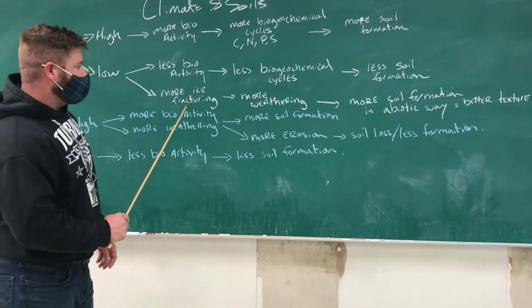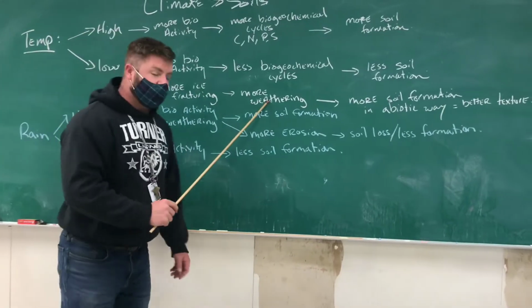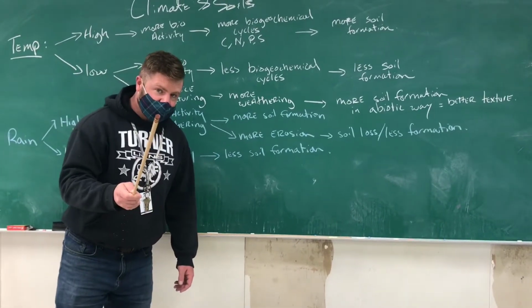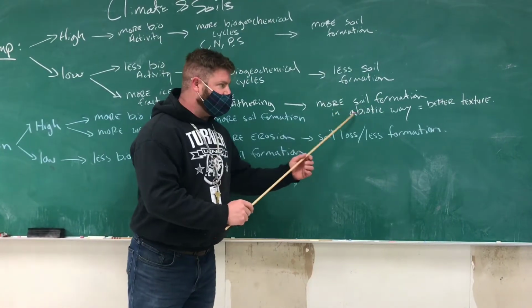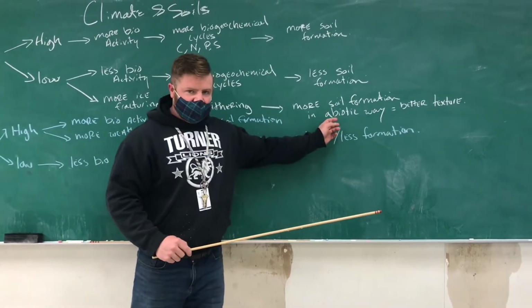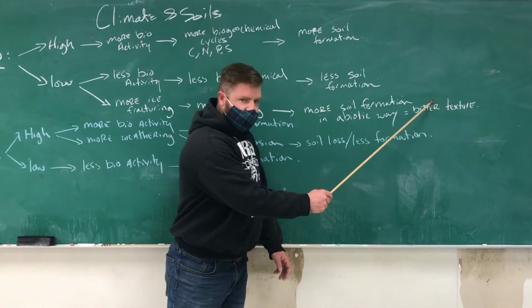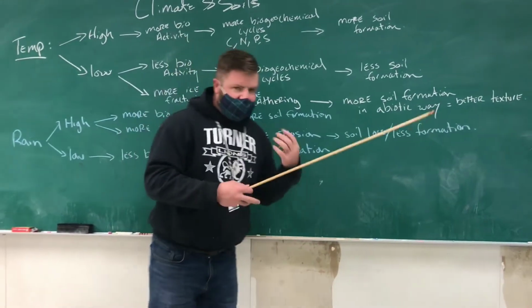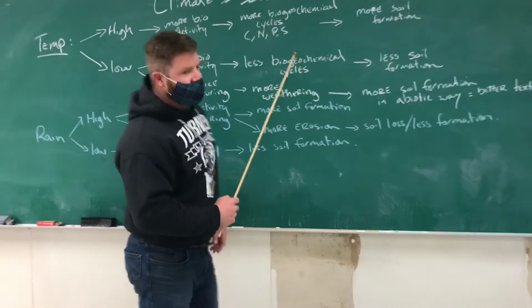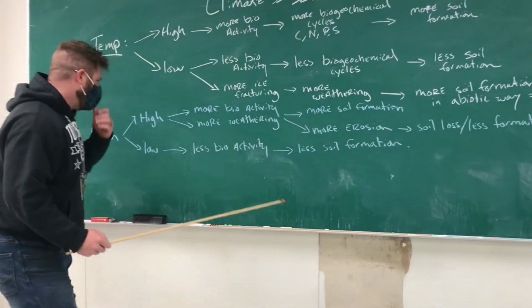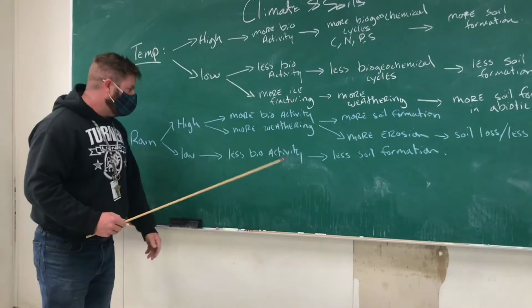But in this case, when we've got more ice fracturing, we've got more weathering, not erosion. More weathering, so we've got more soil formation in an abiotic sense. So in terms of texture, we're getting better texture. The abiotic component is getting better, even though the biotic component is not particularly there. It's there, it's just very, very slow.